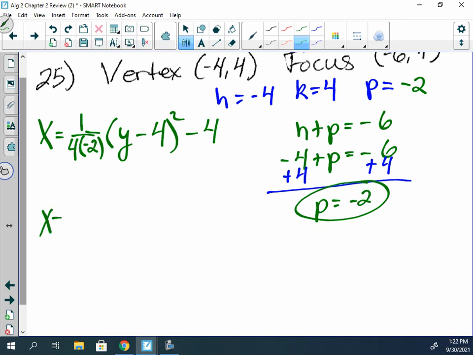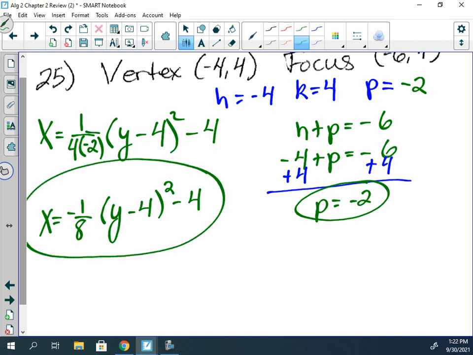Now for this here, 1 over 4 times -2 would be -1/8. (y minus 4) squared minus 4. And that'd be the equation. Now, after this chapter, this form of the equation for a quadratic is the last time we're going to see it.